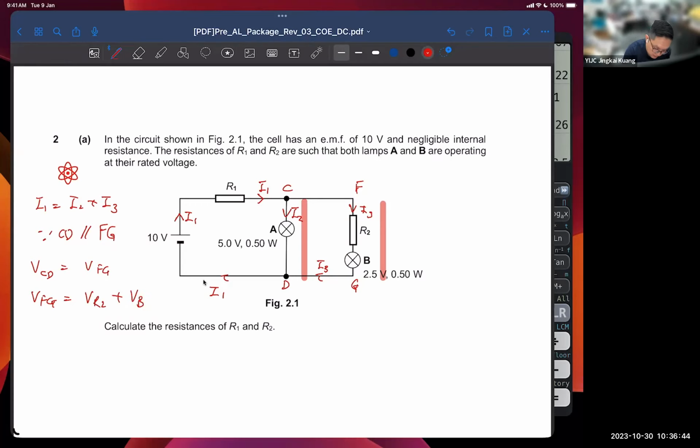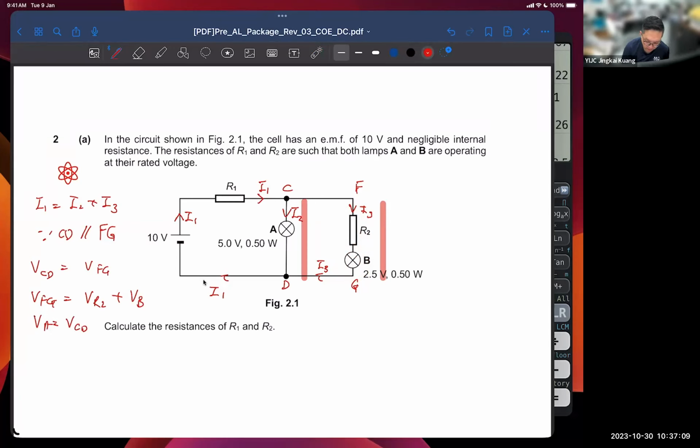These two paths are in parallel, so they must have the same potential difference. These two will split the potential difference accordingly. Then I also can say that VA is equal to VCD. So that's what we have.